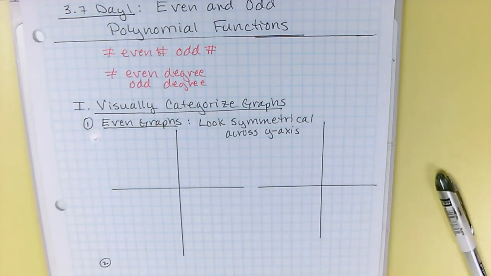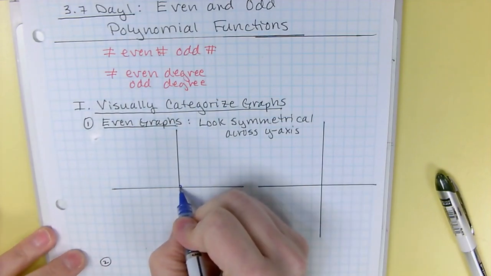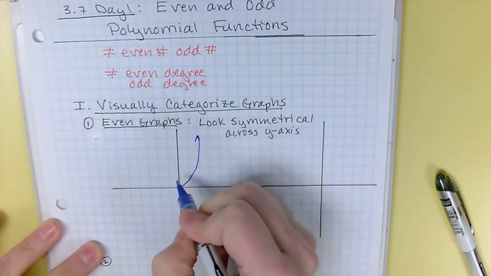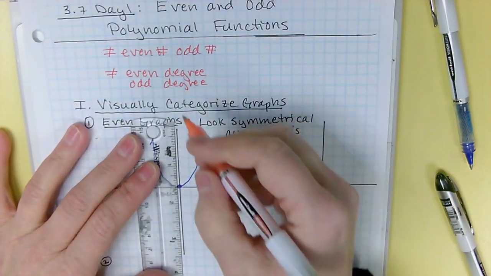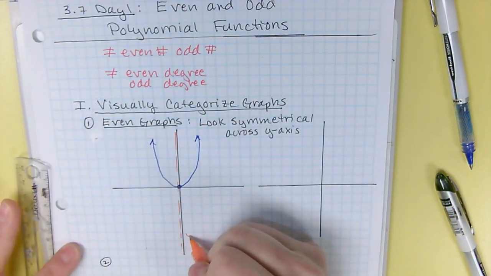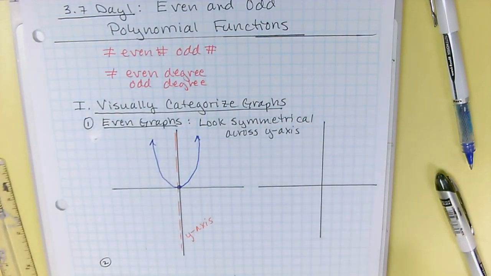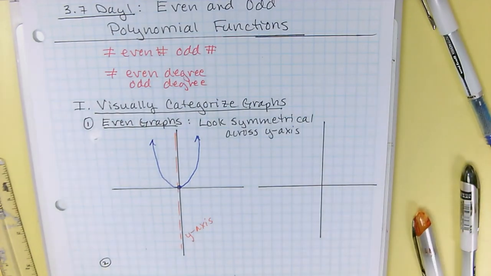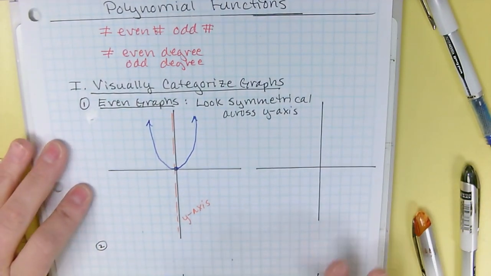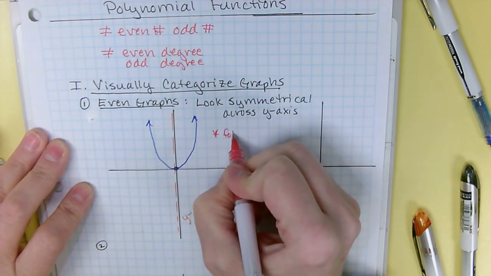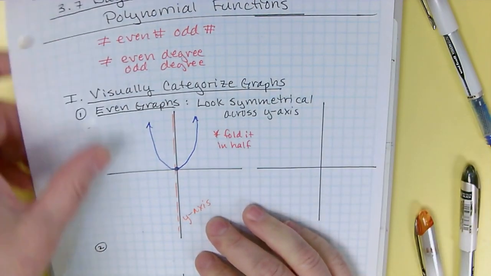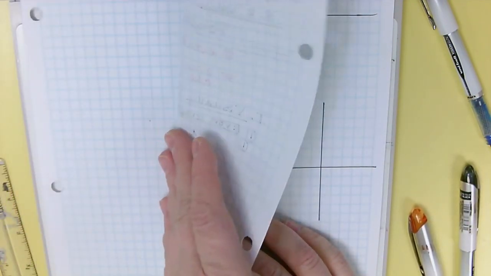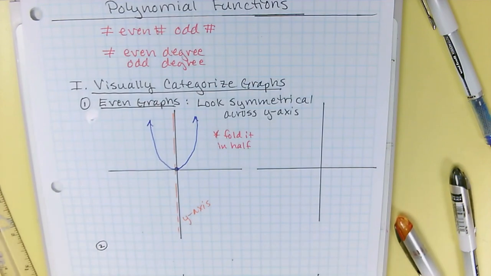An example of an even graph would be a parabola with its vertex parked on the origin. If we draw a dashed line down the y-axis, you can tell that the left and the right look the same. Another way to determine if it is an even graph is if you can fold it in half and the graph maps onto itself. If I were to fold it in half, it would all line up. That's an even graph.